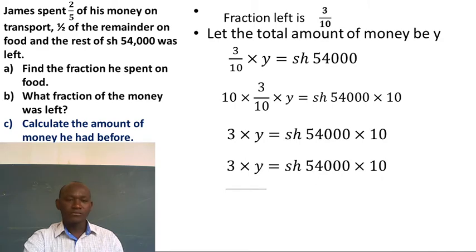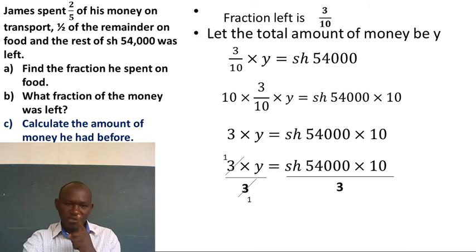What do we do? Divide both sides by 3 so that you remain with only the letter y. On the left hand side, 3 divided by 3 is 1. On the right hand side, 54,000 shillings divided by 3 gives us 18,000 shillings. So what am I having next?